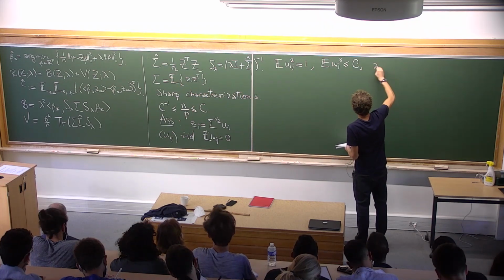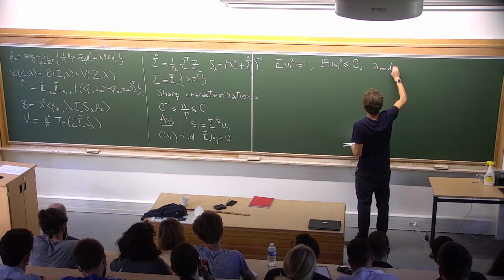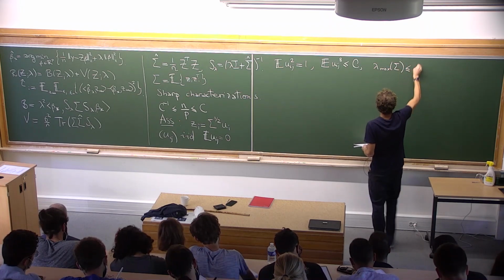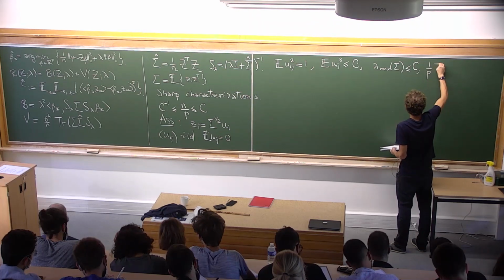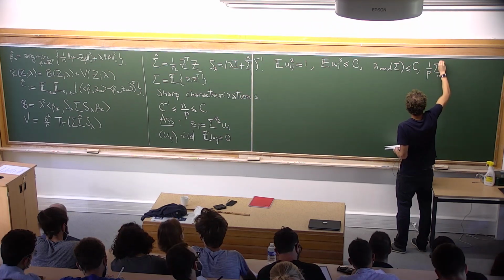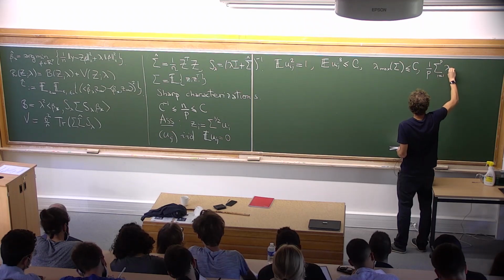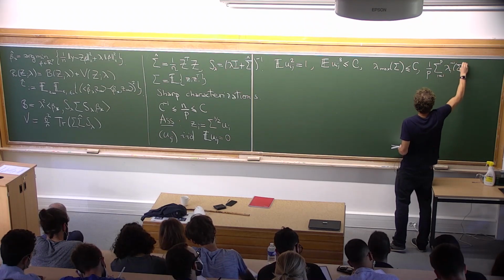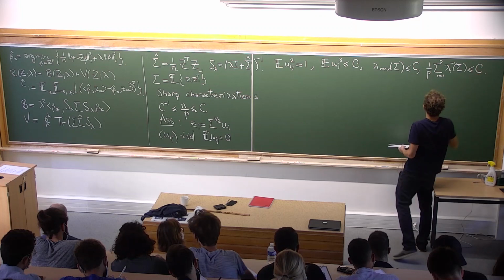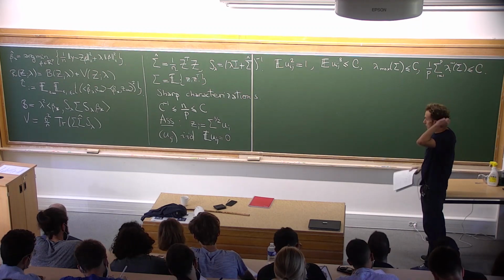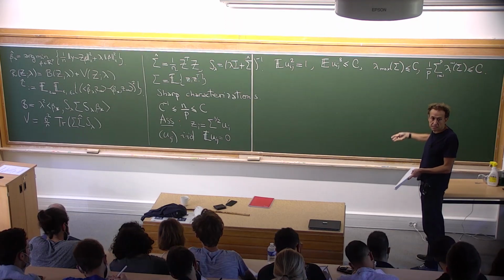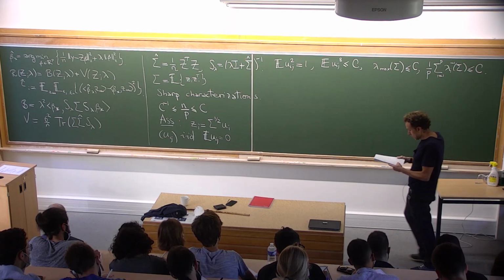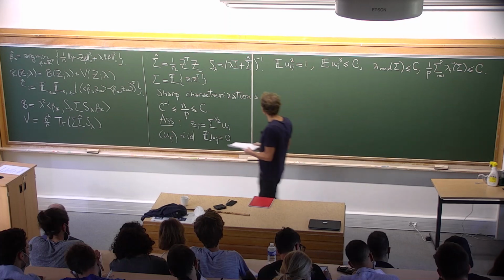So I will assume that lambda max of Sigma is less than a constant, and the sum of the inverse of the eigenvalues of Sigma is less than a constant. So in particular, this is satisfied if the minimum eigenvalue is bounded away from 0.